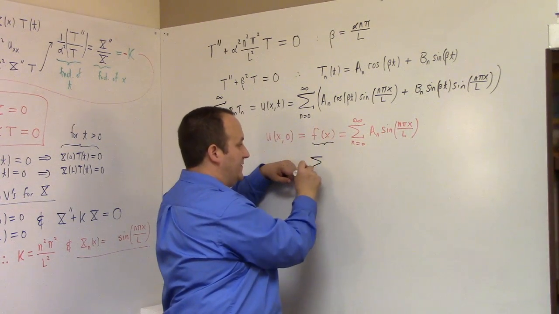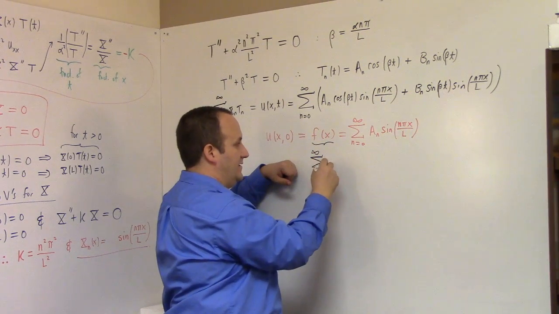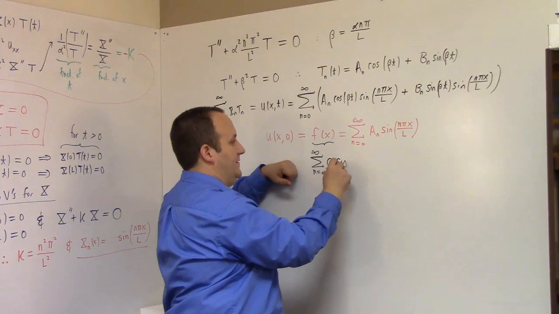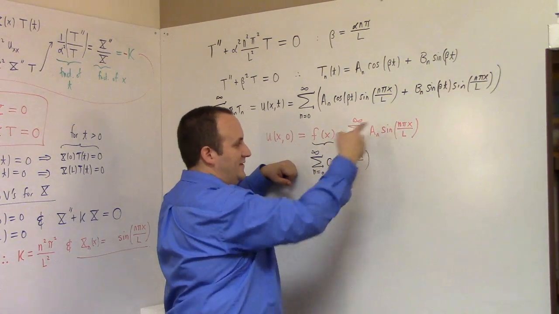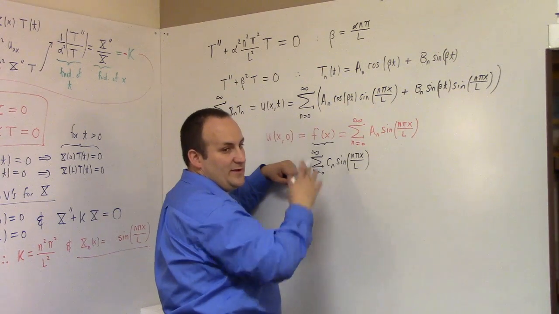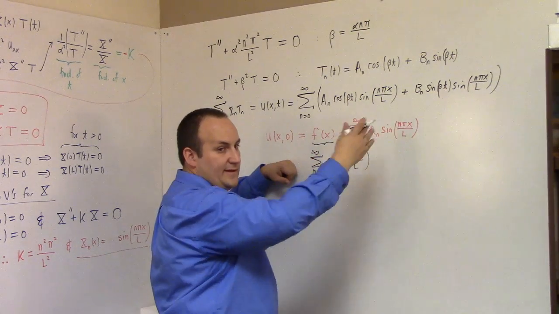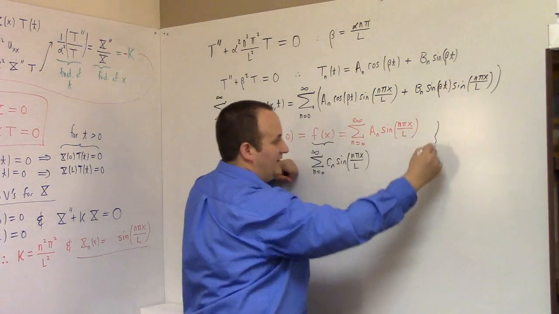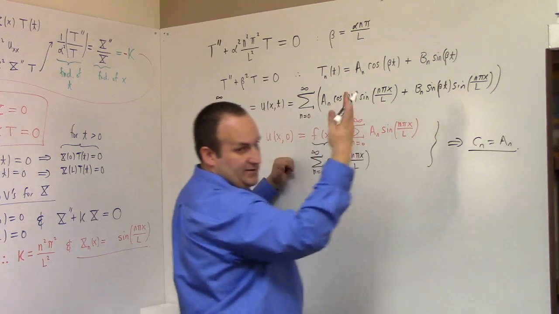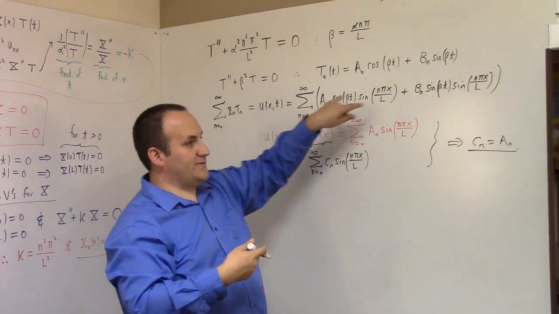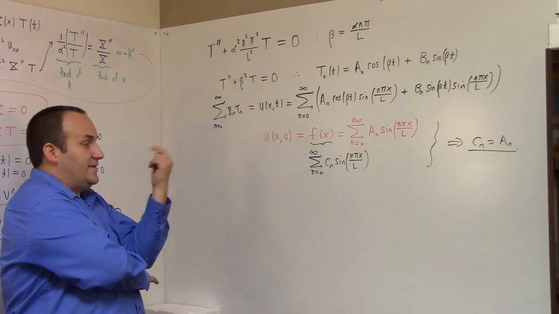So this has a Fourier series that looks something like the sum n equals 0 to infinity of C_n sine of n pi x over L. And if these two things are equal, in the same way we can equate coefficients of polynomials, we can equate coefficients of sines, and so it follows that C_n is equal to A_n. And then you've figured out half of the story for the solution of the wave equation. You figured out the A sub n's.